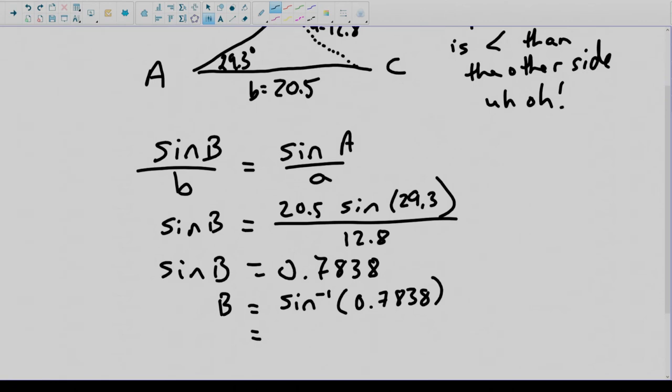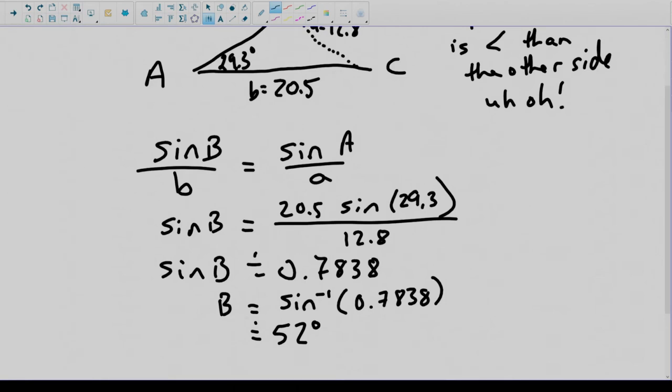Now, I just kept that number, and it's actually rounded to 0.7838. So I kept that entire decimal in my calculator, okay? And I'm just going to arc sine what's on my calculator screen. So that's giving me 51.6, so 52 degrees, approximately.